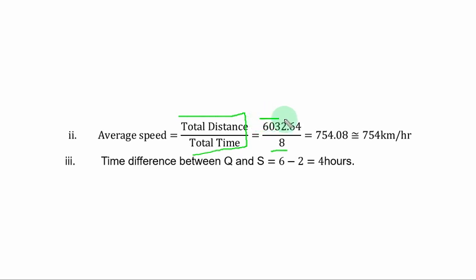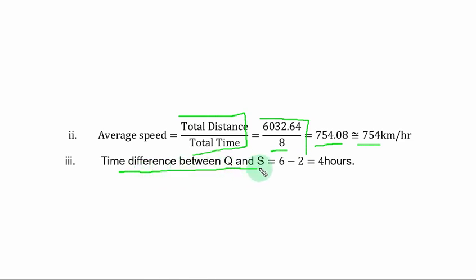So you have total distance over 8 hours, and that is 754.08. To 3SF, you have 754 kilometers per hour.